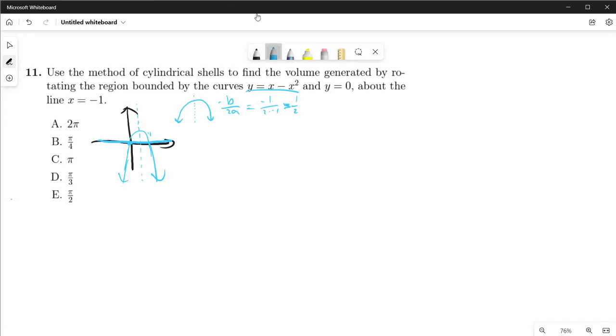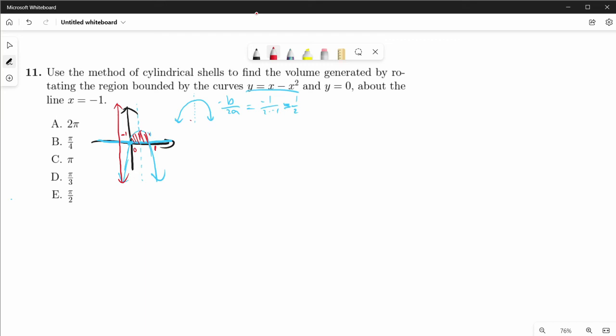The rotation line is x equals negative 1, which is here, a vertical line. So we are bounded like this. Our bounds would be 0 and 1. If you plug in 1, 1 minus 1 is 0, so it hits the x-axis again at 1, 0.